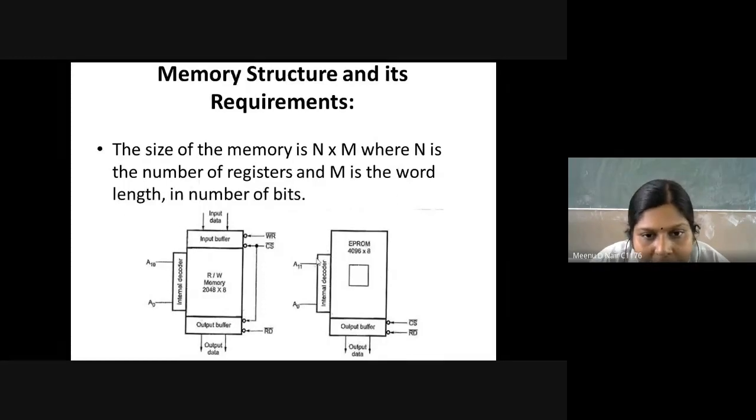Here it is showing two internal memories. The first one is RAM and the second one is ROM. For ROM we are using EEPROM, erasable PROM, and this is the RAM memory. The RAM memory has a size of 2048 registers with 8-bit length. It is not necessary to be the same. It is just an example: 2048 is the number of registers in the RAM, and 8 is the corresponding bit size.